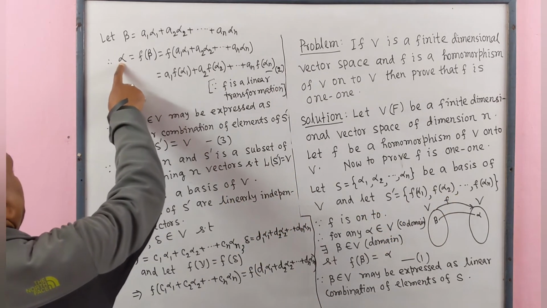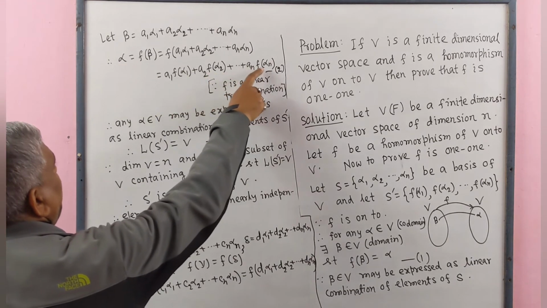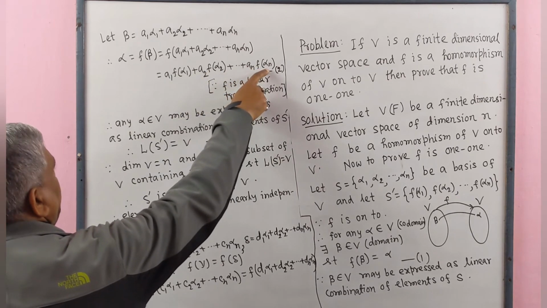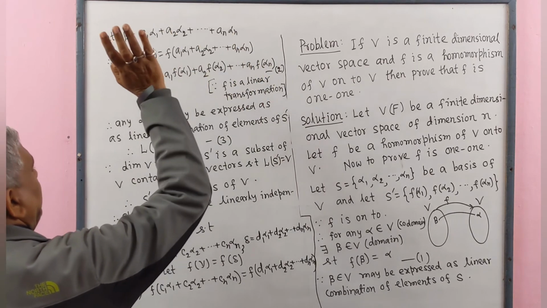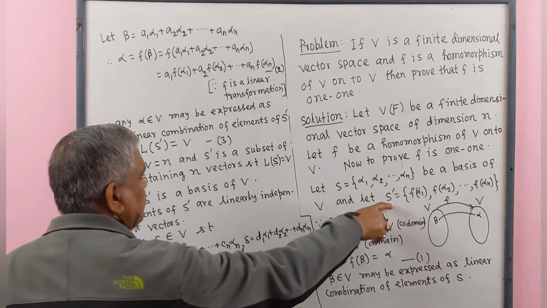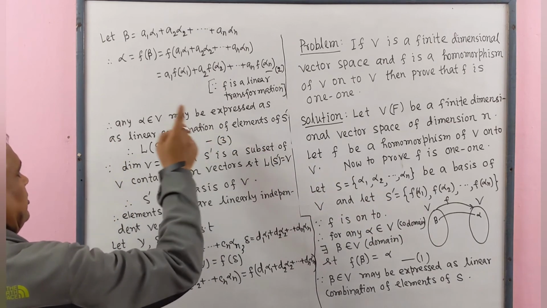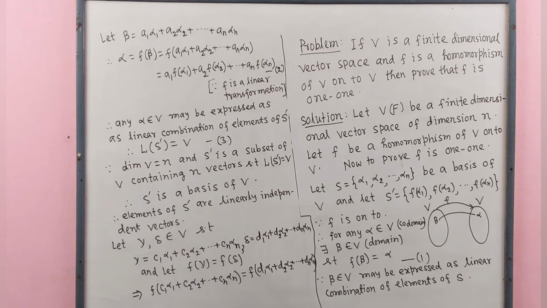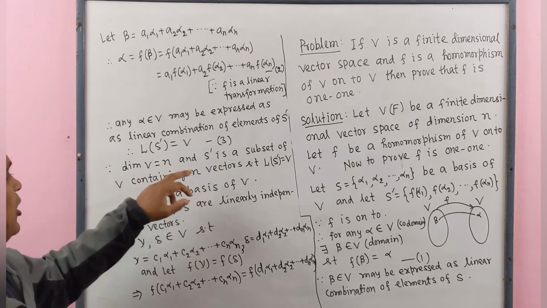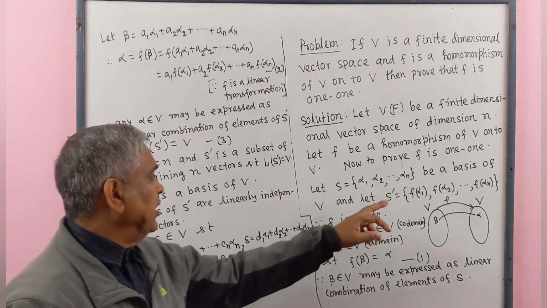Any alpha belongs to V is expressed as a linear combination of f alpha 1, f alpha 2, ..., f alpha n. That means the linear span of S prime equal to V. That is number 3.